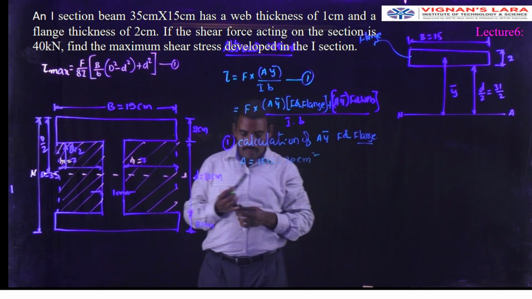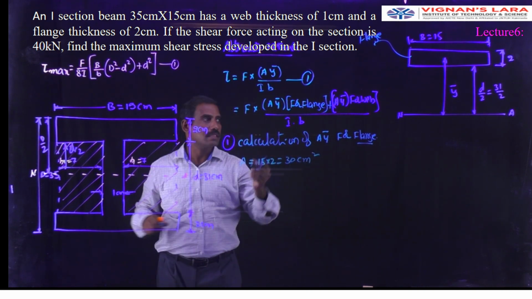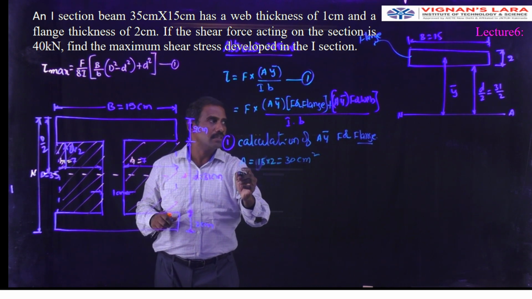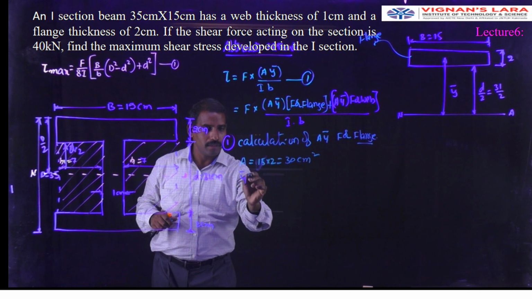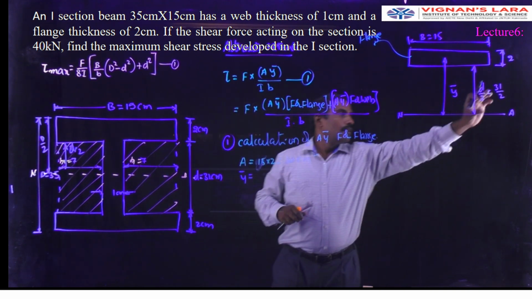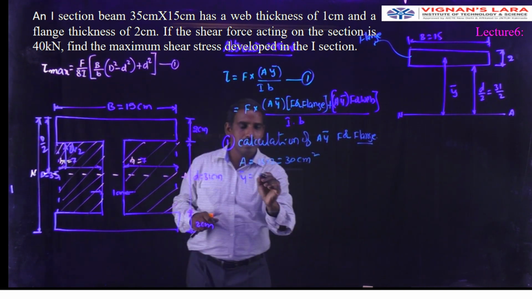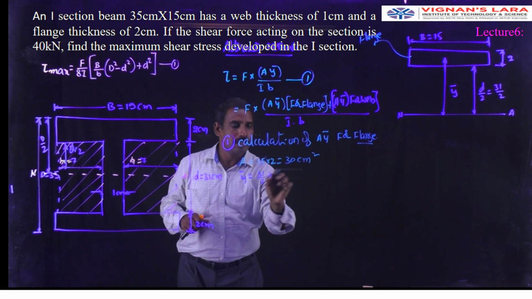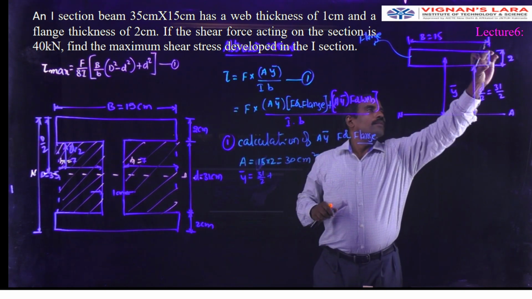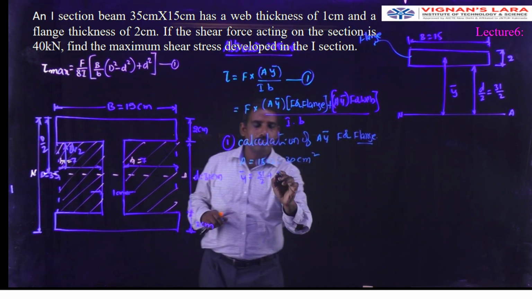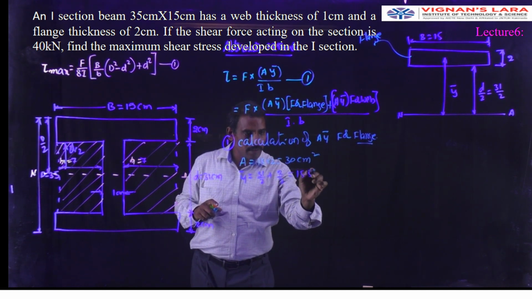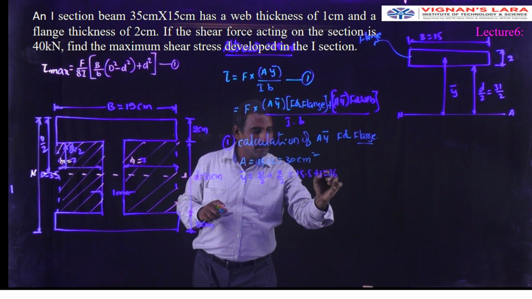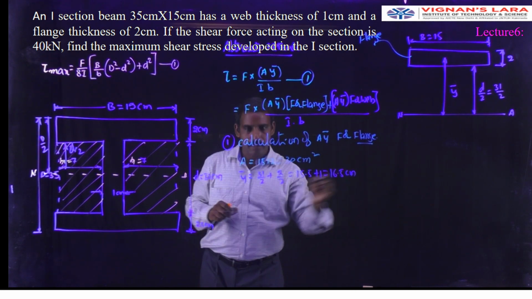Then go for the calculation of y bar, the centroidal distance from the neutral axis to the centroid of the flange. Y bar is equal to d by 2 plus 2 by 2, that is 31 by 2 plus 2 by 2, which becomes 15.5 plus 1, equal to 16.5 centimeters.